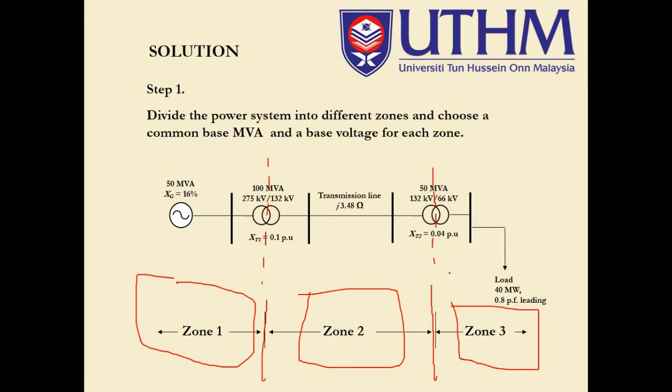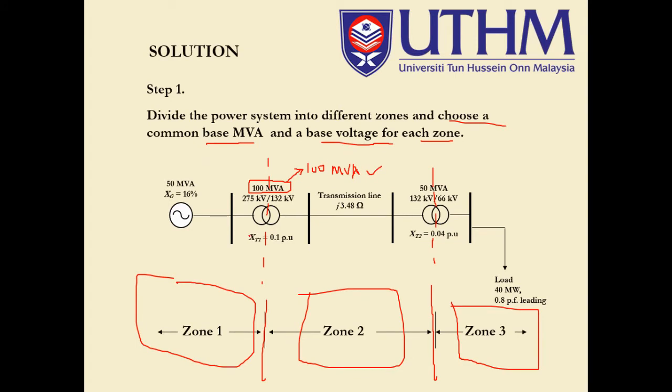Then choose a common base MVA and base voltage for each zone. Typically for this type of SLD, we pick 100 MVA, for example. This is due to the easier calculation later, because we just have a simple number of 100. So this value, 100 MVA, is picked as the S base.